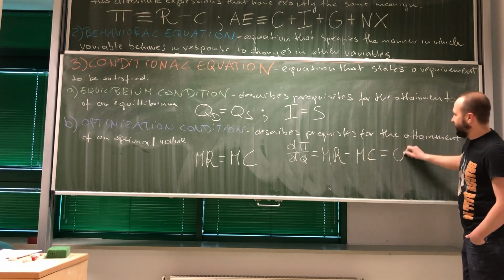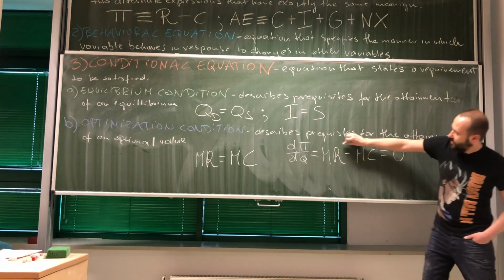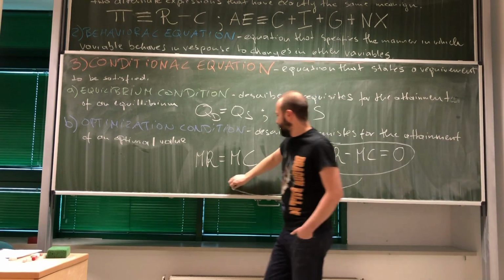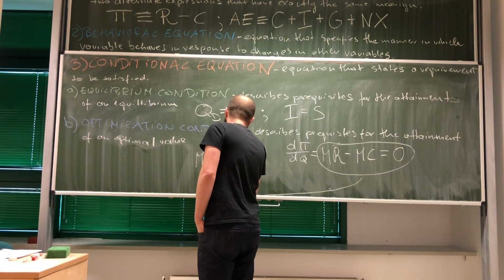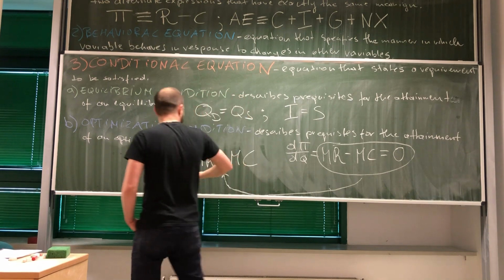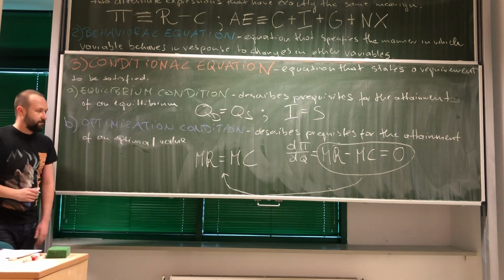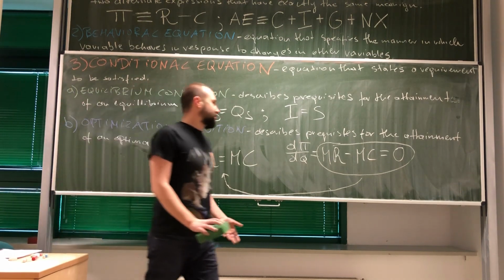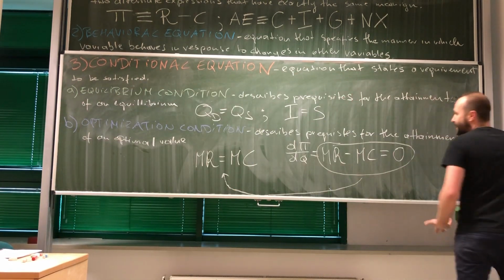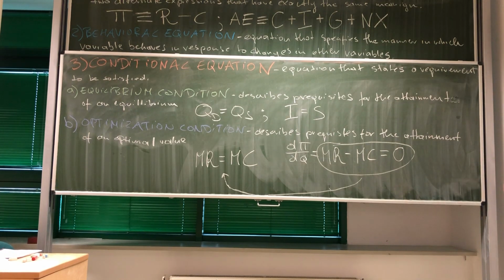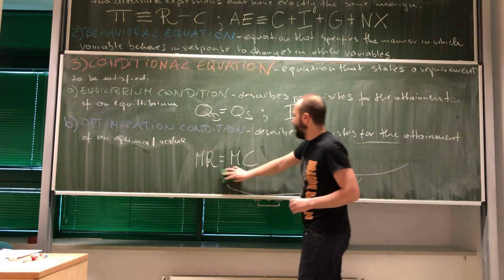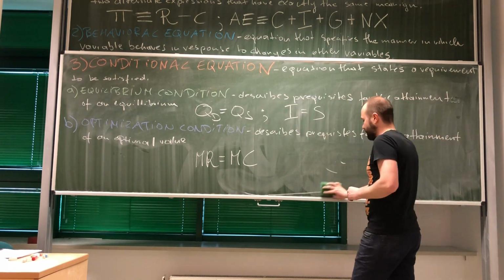And this should be equal to 0. But look, this condition is simply the same as this condition. So here's the one optimization condition that we know, and using the tools of mathematics, we give it a very nice economic ring and economic interpretation.